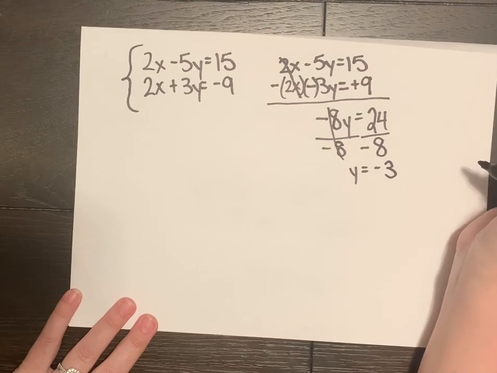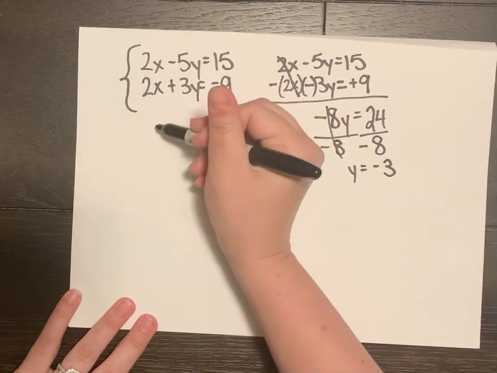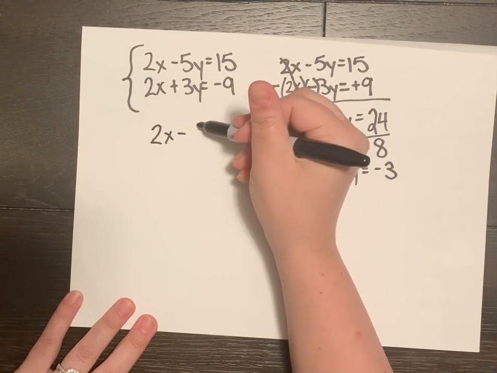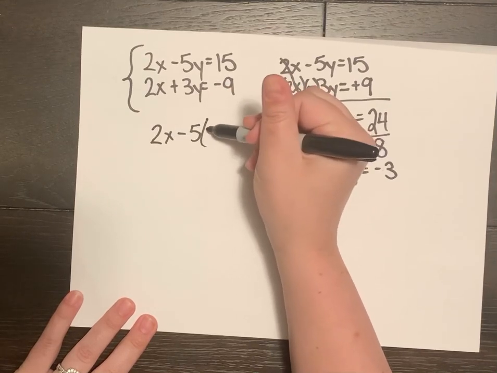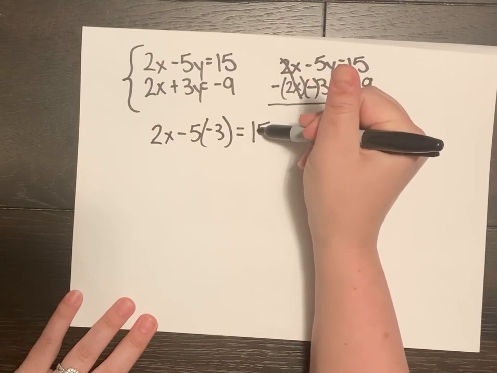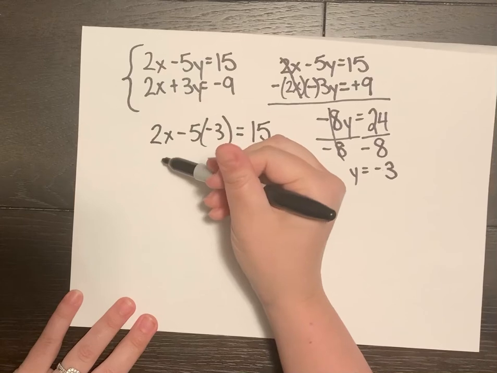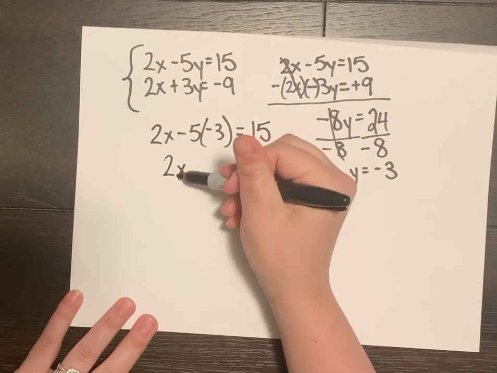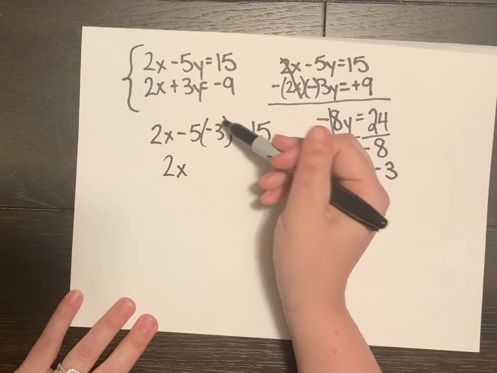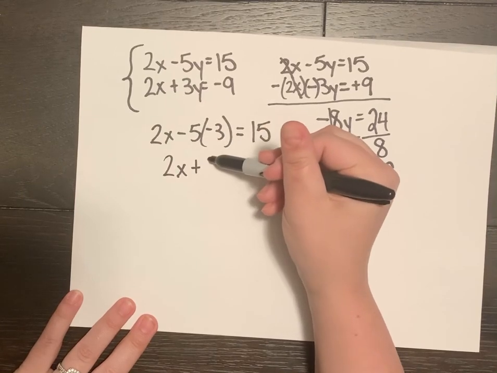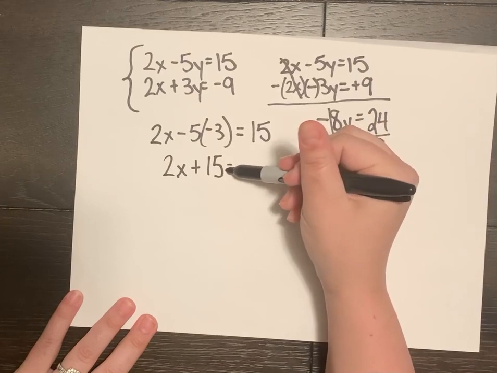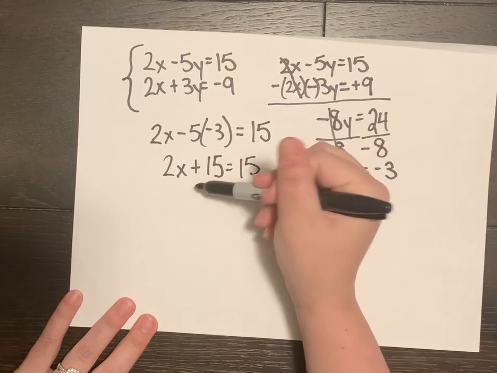So I could plug that in to my equation. I could say 2x minus 5 times negative 3 equals 15. So 2x, when I multiply negative 5 by negative 3, I get positive 15, equals 15.